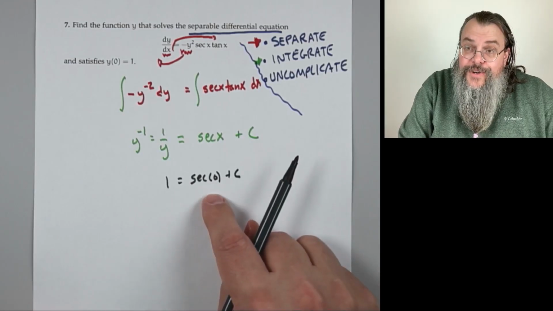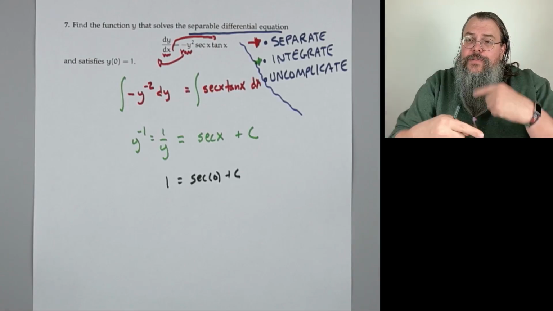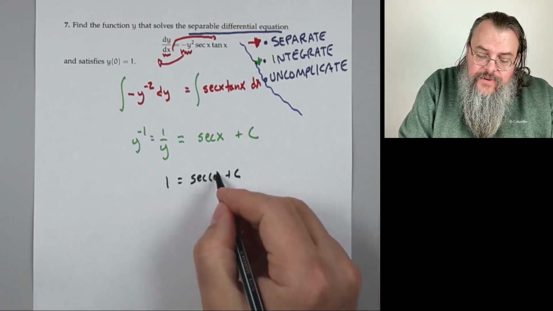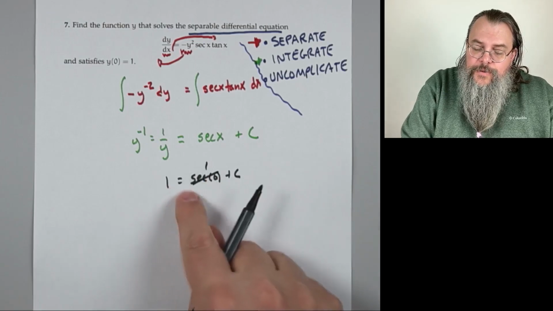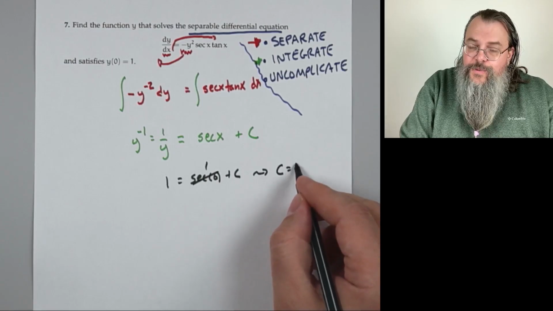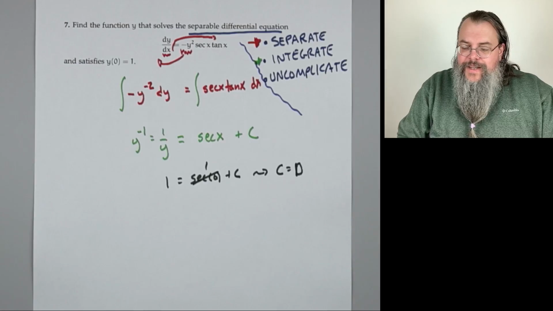Do we know what secant of 0 is? Actually, we do. So secant is 1 over cosine. Cosine of 0 is 1. So secant of 0 is 1. 1 equals 1 plus c. So that says, oh, c is 0, right? The 1's cancel.